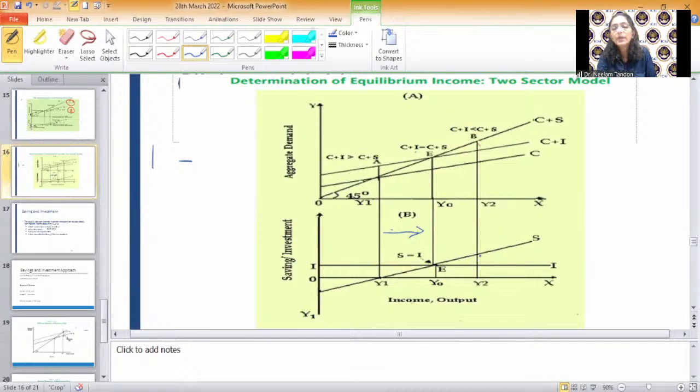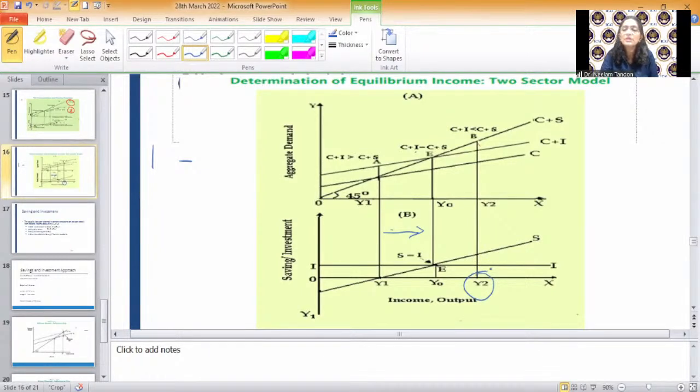But if you are at Y2, that means savings are more than investments. People have saved more. Savings increases means consumption overall is less. Consumption overall is less means what is going to happen? The demand is overall going to reduce.